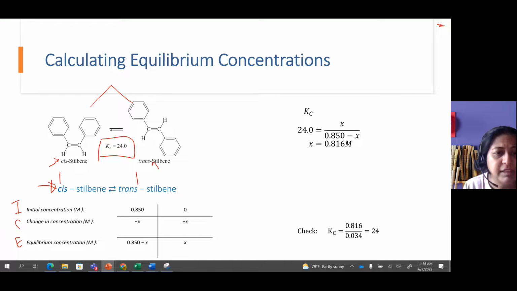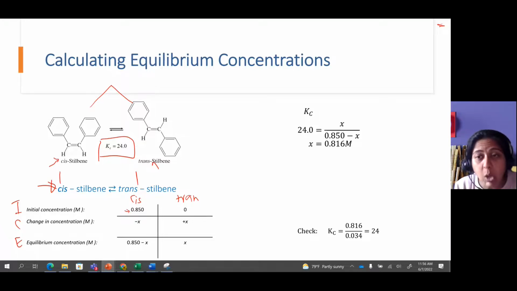In this table, the initial concentrations are listed: this is the cis isomer and this is the trans isomer, and that is the concentration change row. The initial concentration for cis-stilbene was given as 0.850, and there was nothing for trans-stilbene initially.